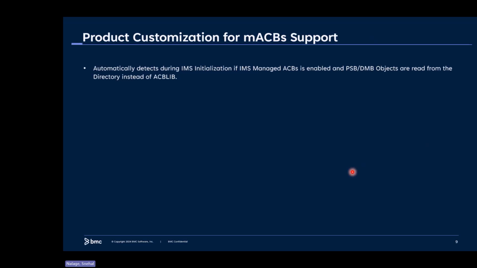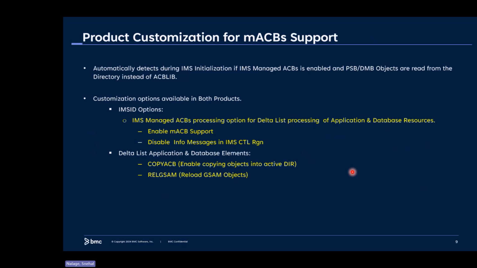And hence, there is no customization required in the product to run with the IMS directory. However, we provide some options at the IMS ID options level and also at the Delta list application and database elements level to customize some of the managed ACBs related things.